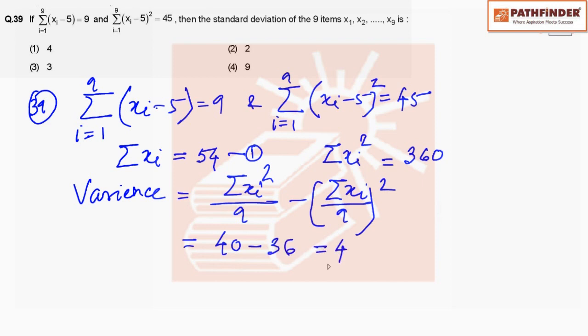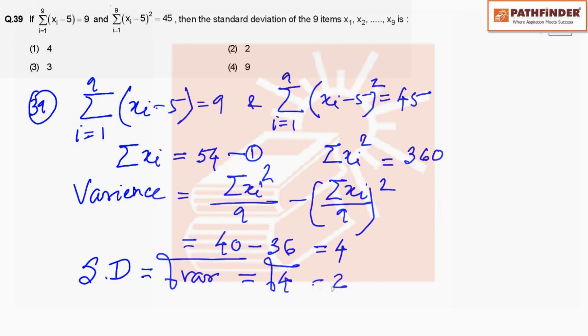They are asking for the standard deviation. So SD equals under root of variance, that means under root of 4, that is 2. That is the SD.